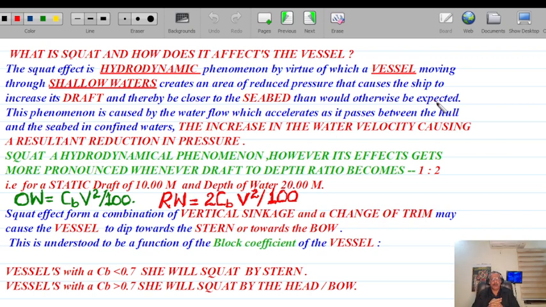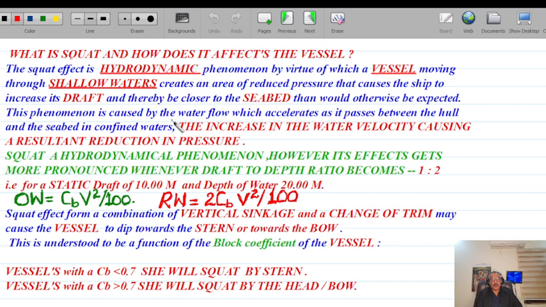However, make no mistake, even when vessels are at anchorage and you have a very strong tide that you are stemming, the effect of squat will still affect your vessel. Please bear this in mind. Of course, that's a static scenario: when your vessel is anchored and stemming a very strong tide, let's say ebb tide, which is always stronger, as I've explained in my previous lectures, you will still experience the effect of squat. So be cautious about this aspect as well.